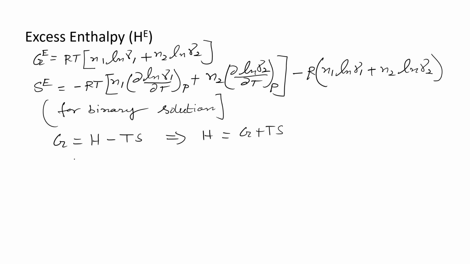Therefore excess enthalpy I can write as excess free energy function plus T times excess entropy, right? We just have to put in the expressions. So what will it be?